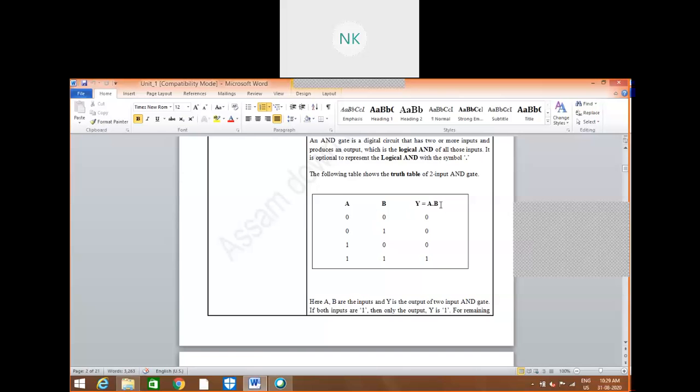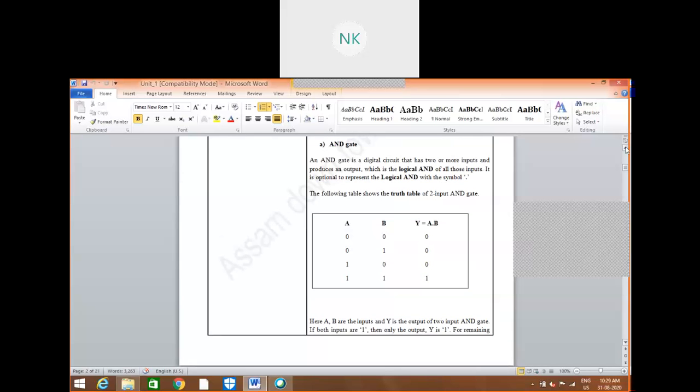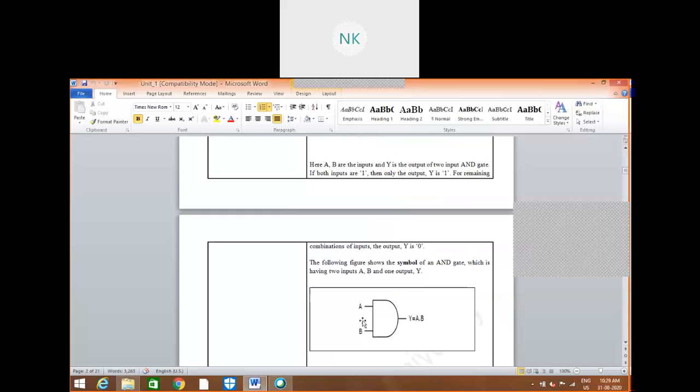So we have here an AND gate, and this is its symbol. This is a digital circuit which has transistors and capacitors, but we are not drawing all of them. We just denote it this way, by this symbol.